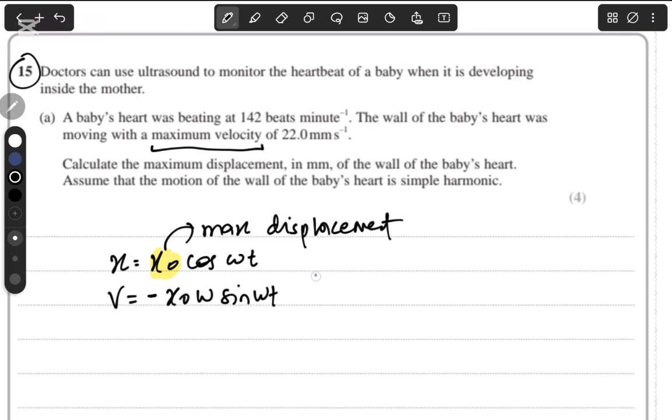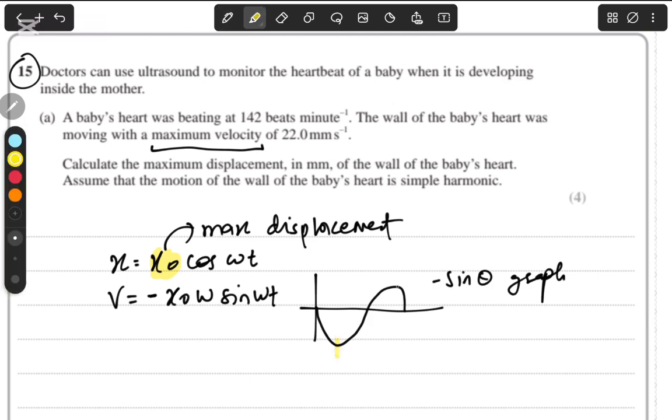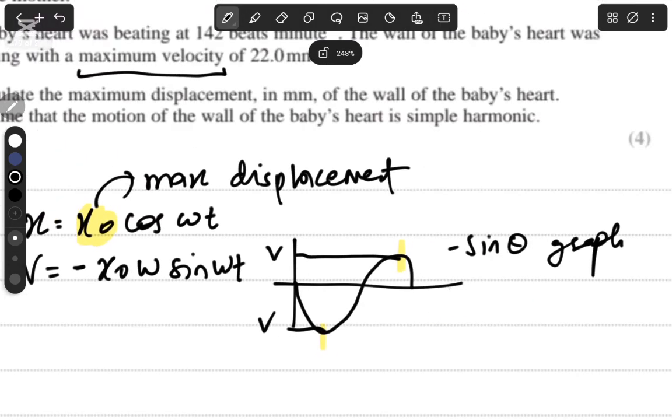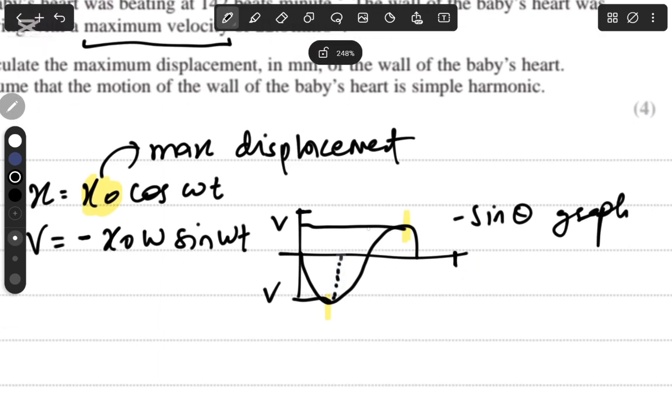So if I plot the graph for velocity, it's going to look something like this. It's going to be a minus sine graph, and minus sine theta has the maximum velocity here, v. Let's say this is time, and this is the time period.